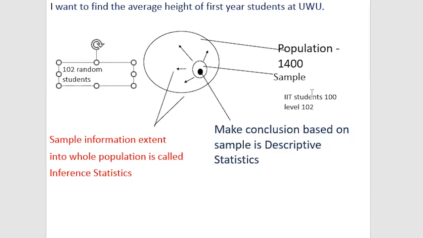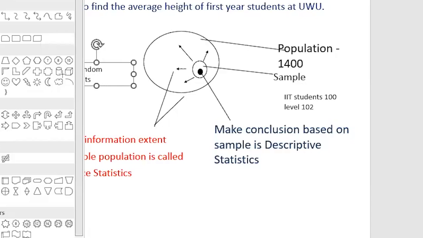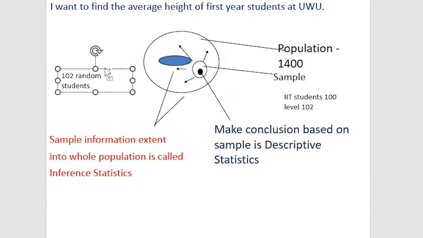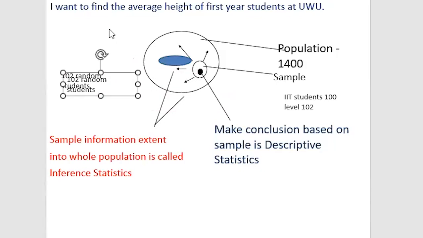This is one sample. Then you can also get this sample somewhere in here. But in addition to that, I can select another way of sampling.